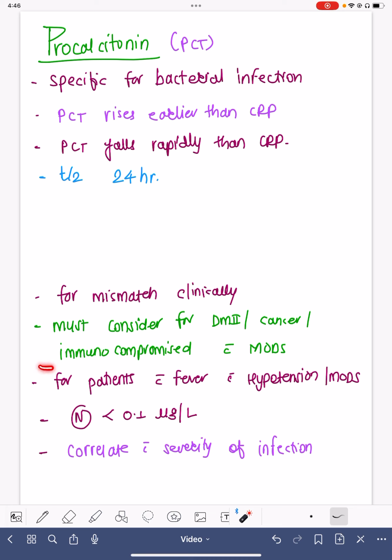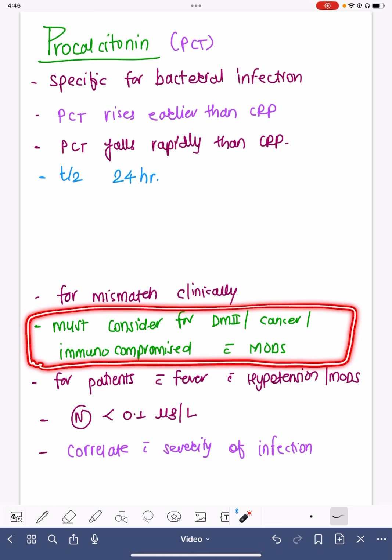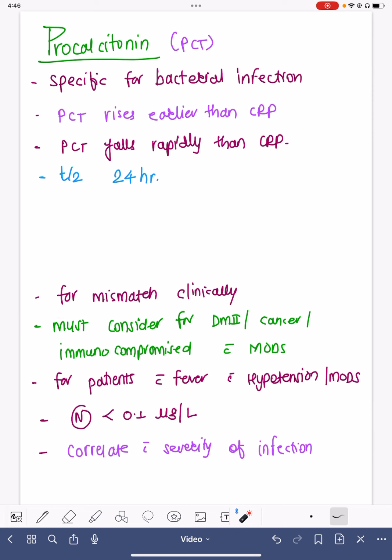And that is the reason why this must be considered in all patients with type 2 diabetes mellitus, cancer, or immunocompromised patients with MODS. Because these immunocompromised, diabetic and cancer patients have poor immunity, they may not have frank symptoms. They may not have fever, they may not have cough, weakness, or tiredness. They may apparently look okay, but they may have multi-organ dysfunction.